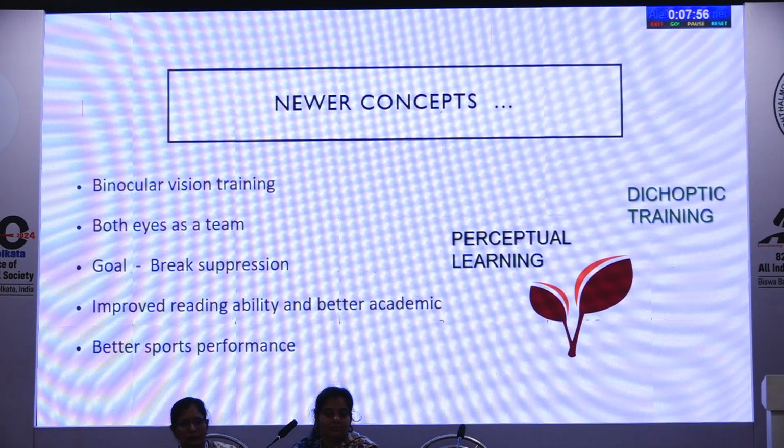So newer concepts look at amblyopia therapy as binocular vision training, looking at both eyes as a team. The goal is to break the suppression first and then to enhance the binocular capacities. Improved reading ability, better academic performance, and definitely better sports performance. There was one patient whom I had who was an engineer, but his work was in cars, and he had to look at the speed of the racing cars.